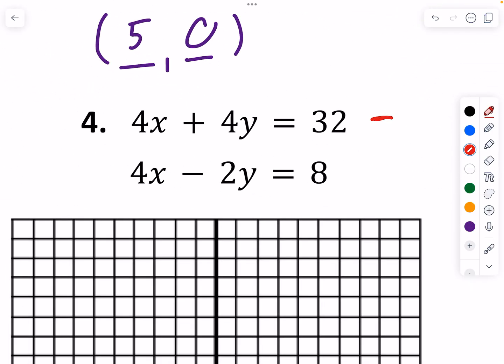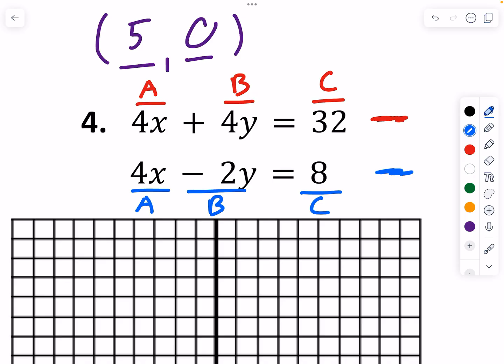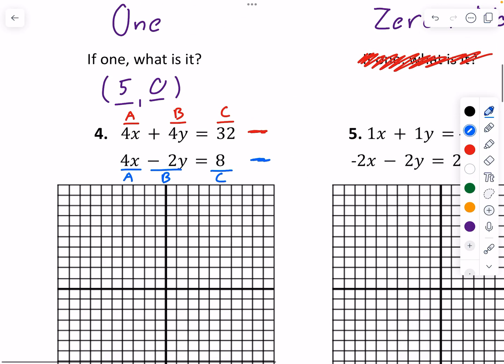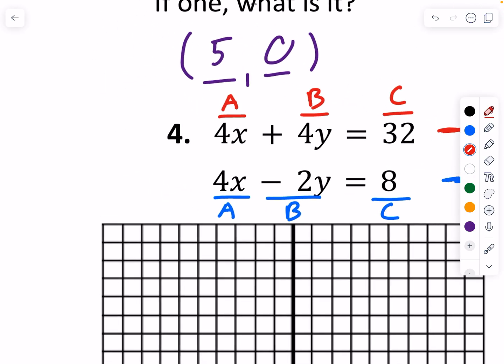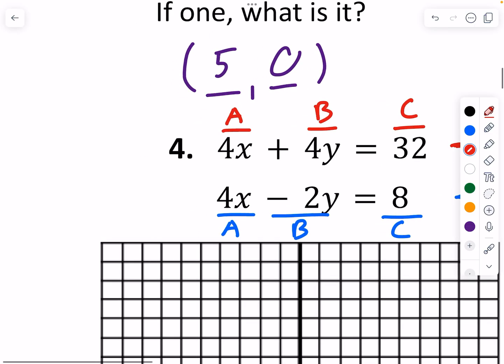We're going to stick with red and blue, but this one looks a little bit different, right? This is where we have to think about A, B, and C. I'm only going to focus on red to start, and I'm going to start by trying to figure out my x-intercept for my red.